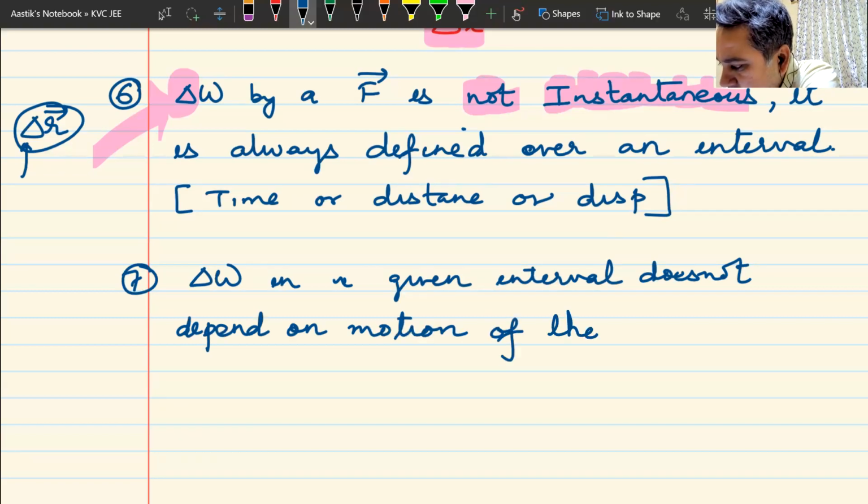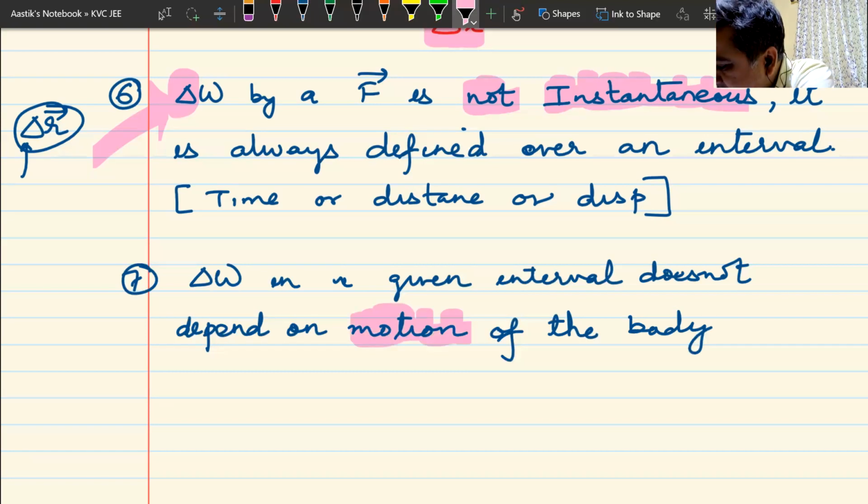Oops, what do you mean by this? Now, you can have these questions as multiple choice or single option correct in JEE Advanced or JEE Mains. Work done by a force in a given time interval does not depend on the motion of the body.